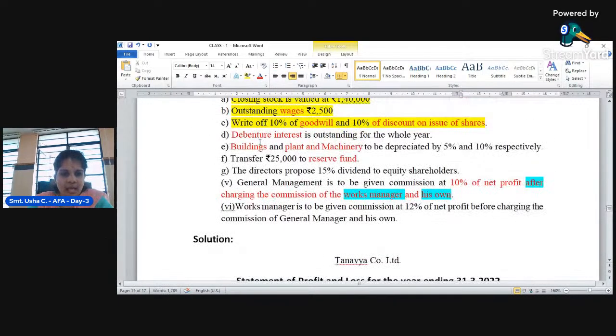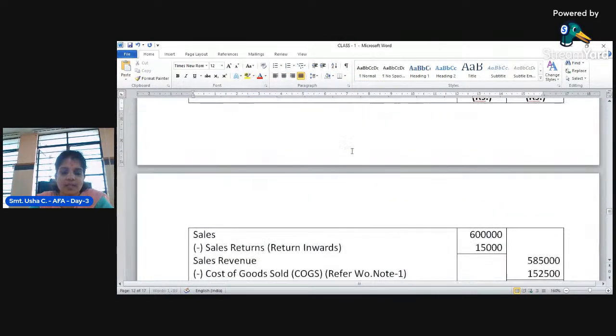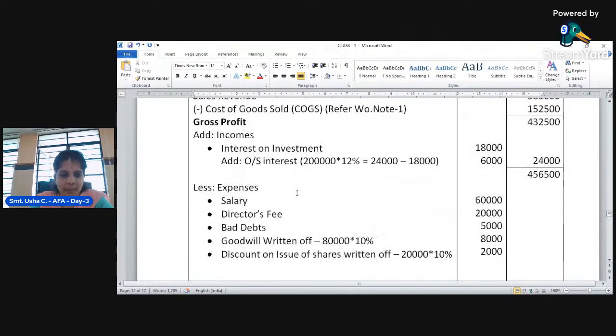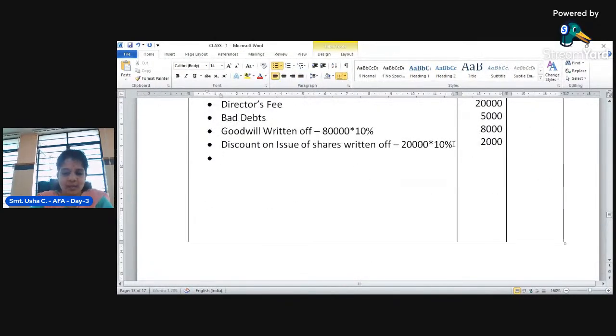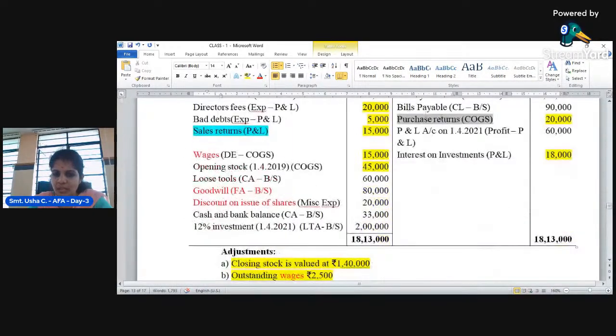Next adjustment, debenture interest is outstanding for the whole year. This is also an expenditure, debenture interest, right? Charge this in the profit and loss account. First one, outstanding debenture interest. What is the amount of debenture?